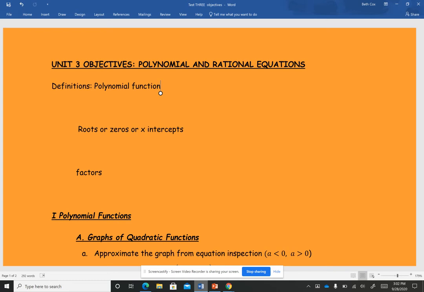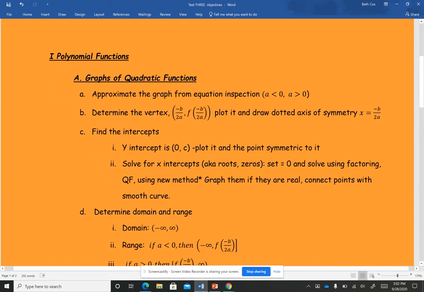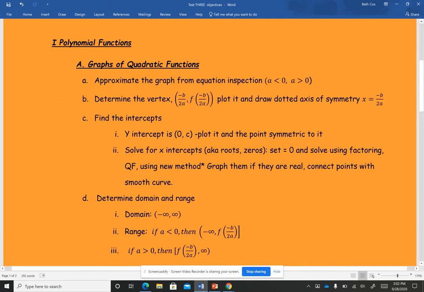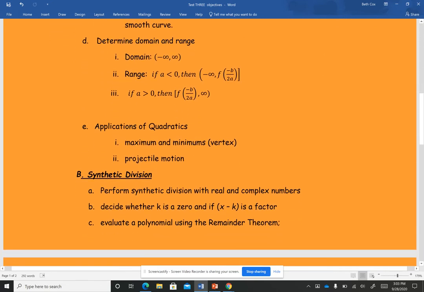So first of all, we've got a couple of definitions we want to go over. And then here is the basic outline for the unit. We go over polynomial functions. And the first type of polynomial function that we really spend a good bit of time on is the quadratic functions. And so we're going to spend some time on just them. And we'll do some applications with them.